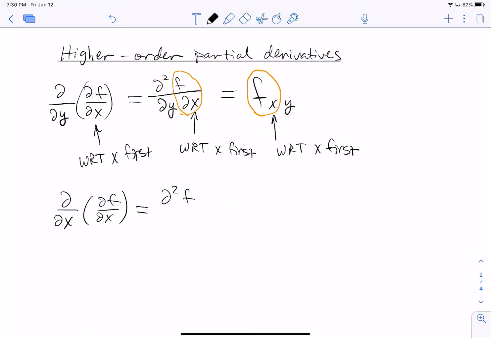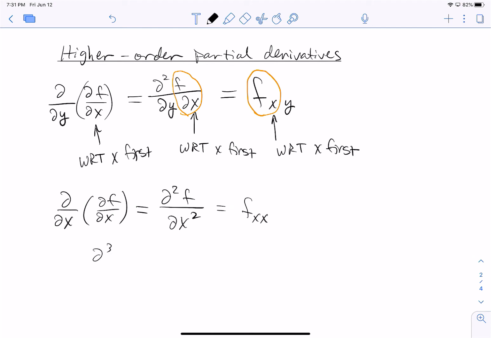It is the second partial of f with respect to x both times, and so this looks like second derivative notation, right? Except the only difference is it's curly d's to indicate a partial, like curly d 2f and then curly dx2. Using subscript notation, we would say fxx. This can be extended.